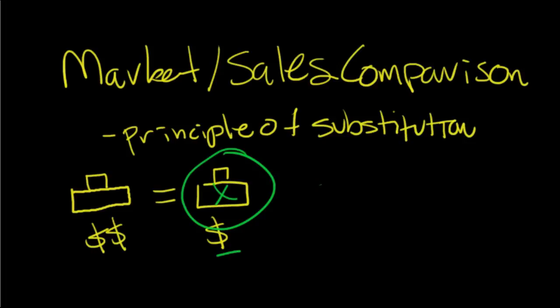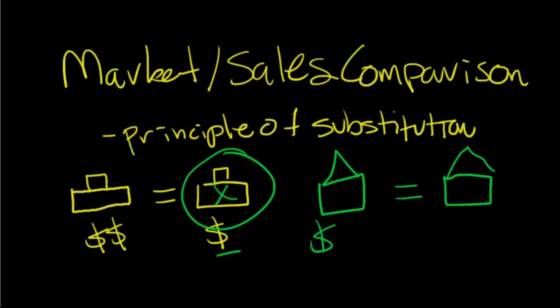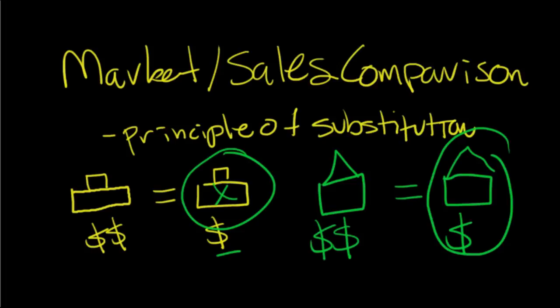And the same thing works in houses. You would not buy this house if there was another house which was pretty much equal to it. And if this house was $2 signs and this was $1 sign, you'd buy this house if they were pretty much the same. So that's the concept, or the principle, of substitution.